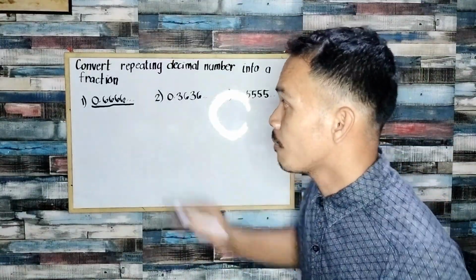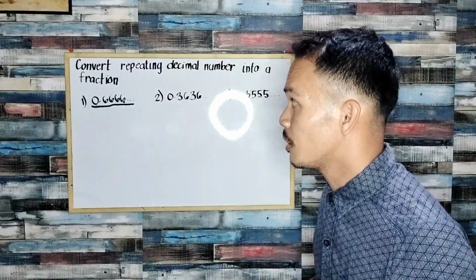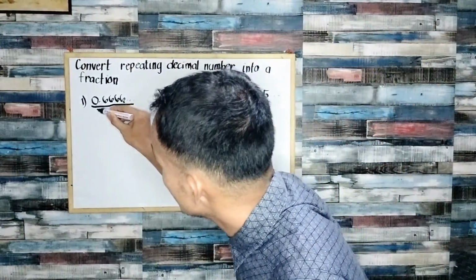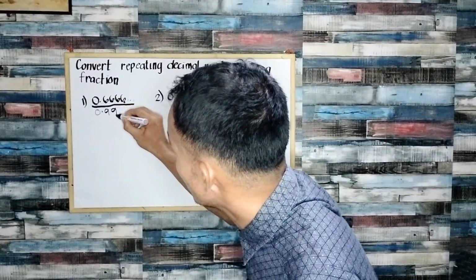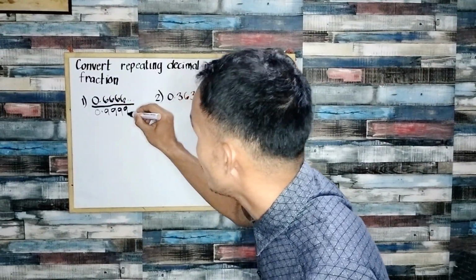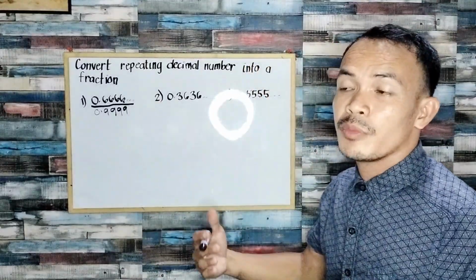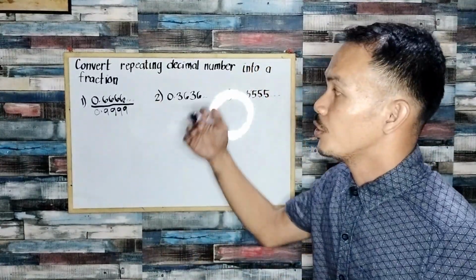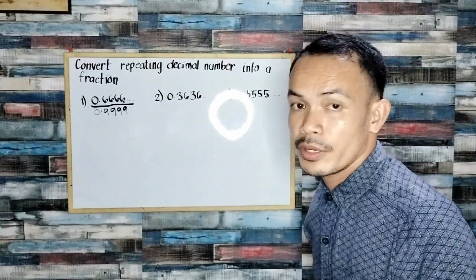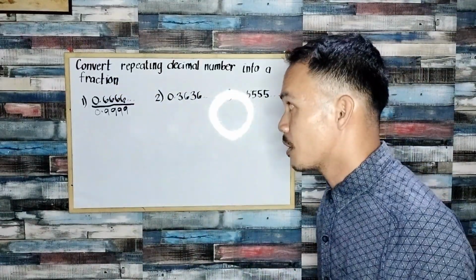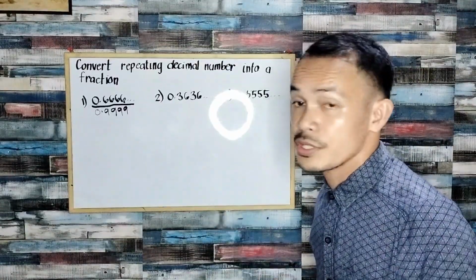So since we have 4-digit decimal number here, we're gonna put 0.9999. It depends on how many digits do you have in your numerator. Okay, so we have 4 digits here in our numerator, so we gotta have 4 digits also in our denominator, but we're gonna use 9.